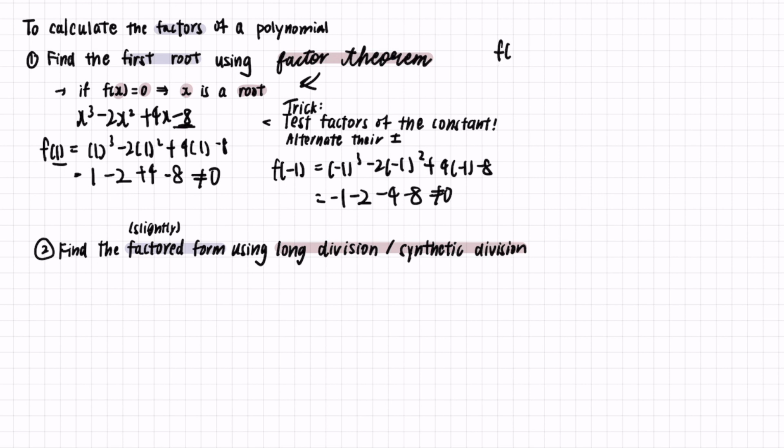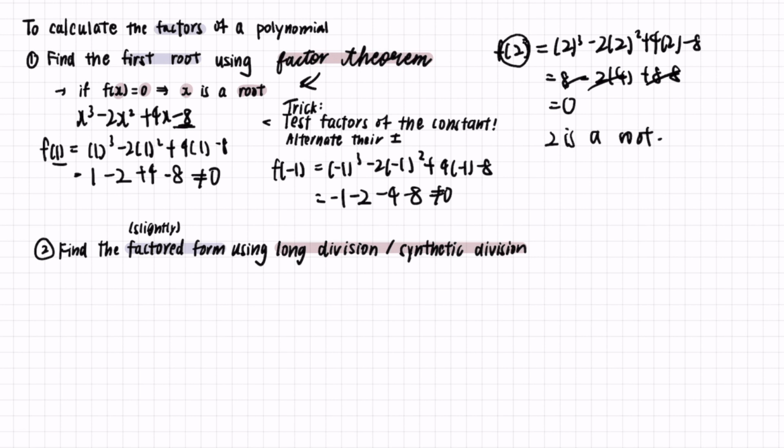Now, testing f(2), subbing 2 into x gives you this. 8 minus 8, this can be cancelled, and this can also be cancelled. This equals 0, which means that 2 is a root.